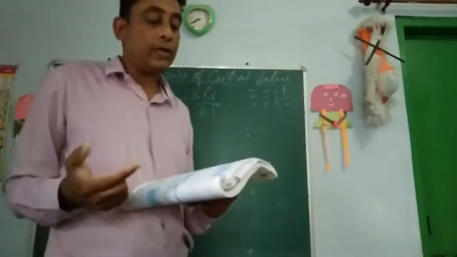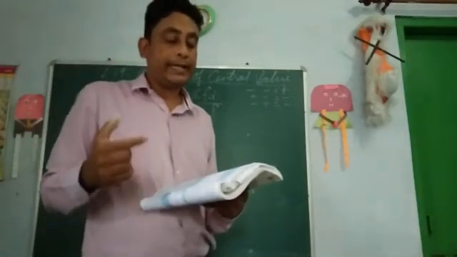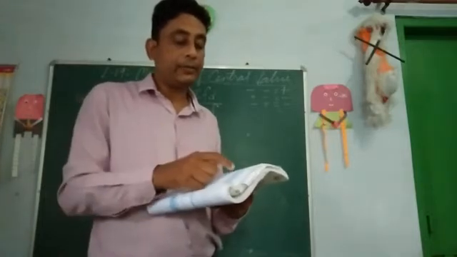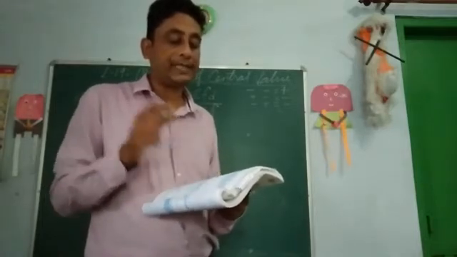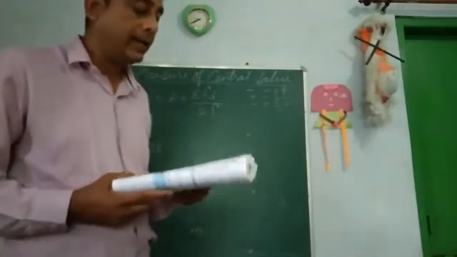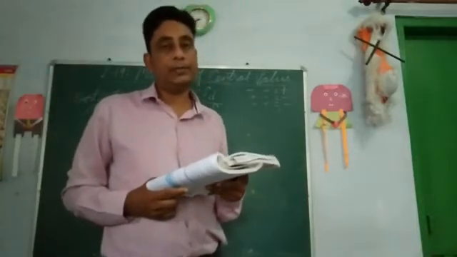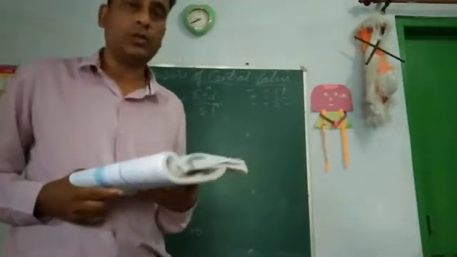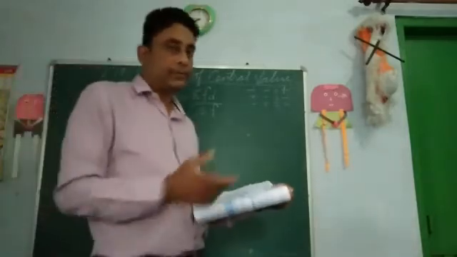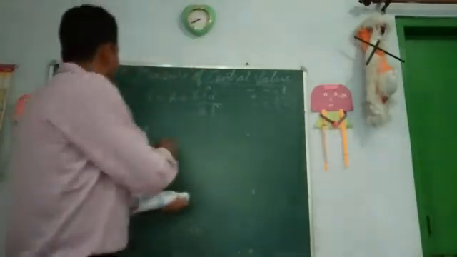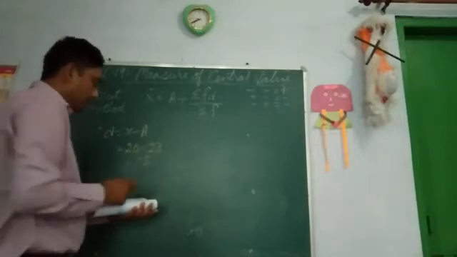Generally we take it in the middle. Like 1, 2, 3, 4, 5, 6, 6 values are given, so we take the 4th as the assumed mean. But you can take 22 also, no matter. Your answer will come that way also. But here we have taken a as 23. So it is minus 3.